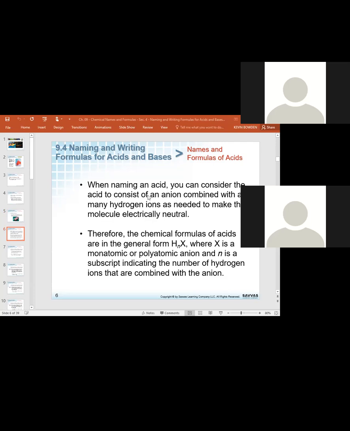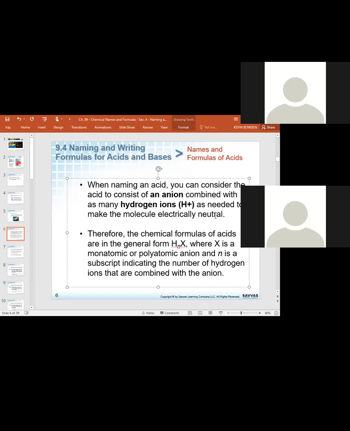And anyway, it's an anion combined, so let me just bold that, combined with as many hydrogen ions as needed to make the molecule electrically neutral. So hydrogen ions, that's H+. Let me just put that in there too. H+. All right. And again, electrically neutral, so there's no charge over it.